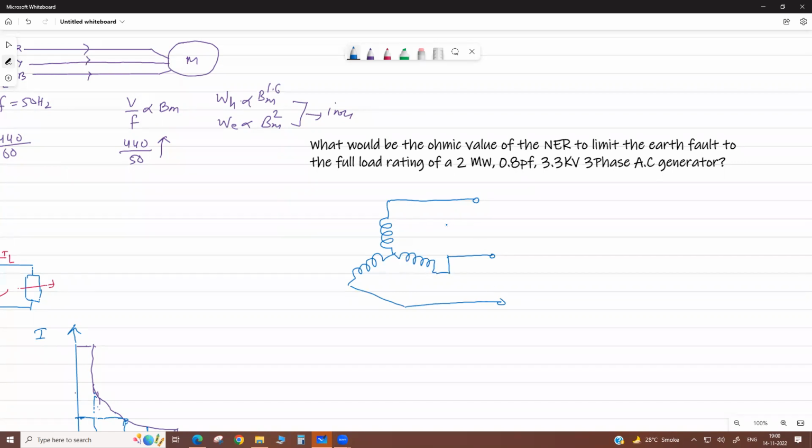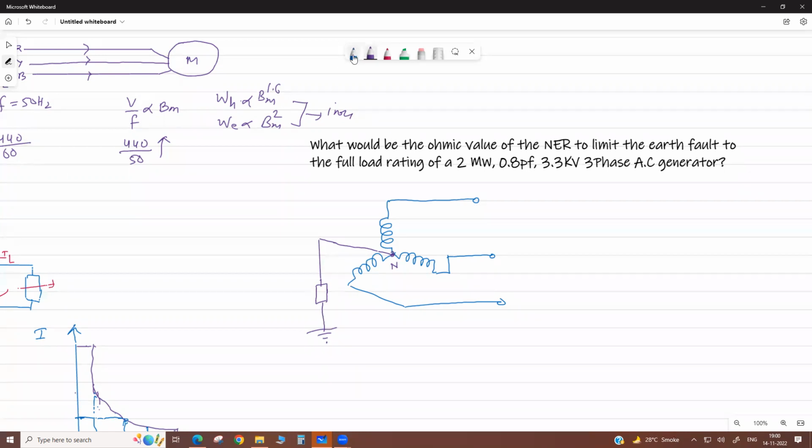How do we do the grounding here? This neutral point is grounded through some resistance. We put a resistance here. Why is this resistance required? To limit the earth fault current.